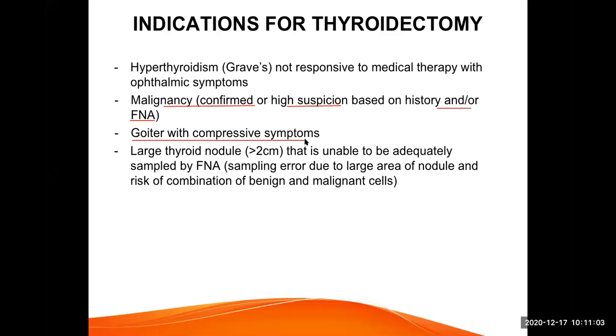Goiter with compressive symptoms, you need to go for decompression surgery. So thyroidectomy is a part of that. And if there is a large thyroid nodule, more than 2 centimeters, that is unable to be adequately sampled by FNA, just like in our case, especially since we are suspecting a follicular carcinoma and FNA is not that helpful, then to have the larger mass, we need to go for thyroidectomy again.